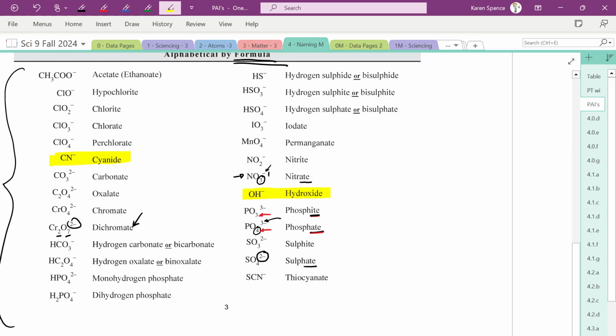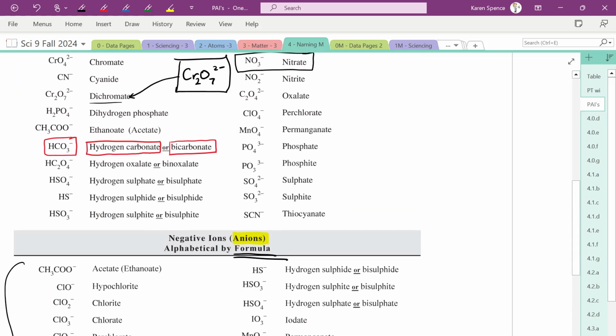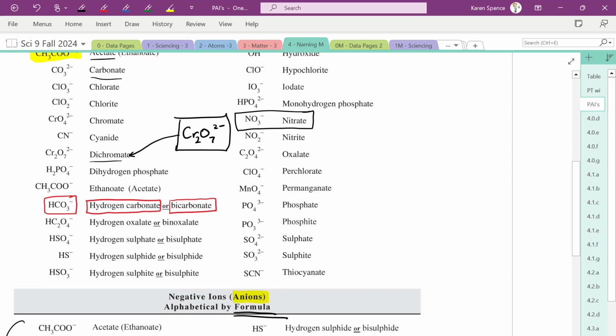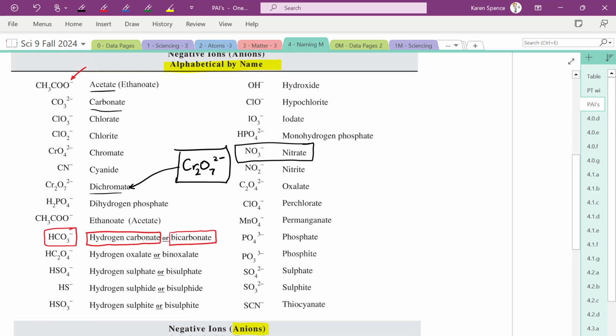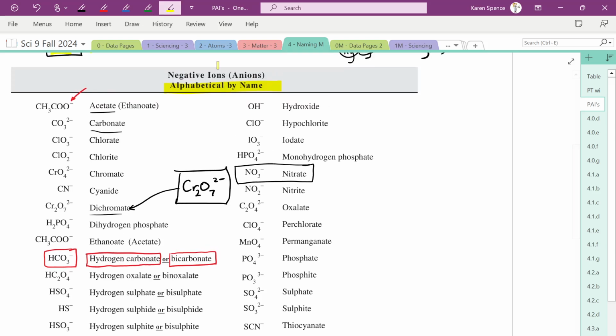If you want to do that, that's great. If you don't want to do that, that's also fine. You would want to do it both at the bottom and at the top. Hydroxide and cyanide, those are the only ides that are polyatomic. Every other ide is just one element.